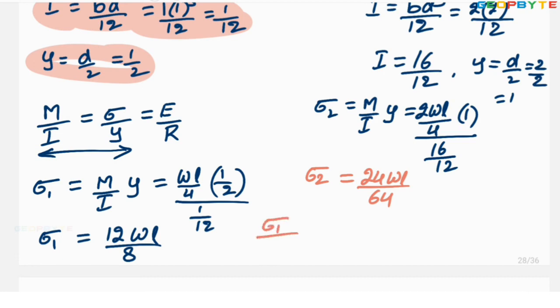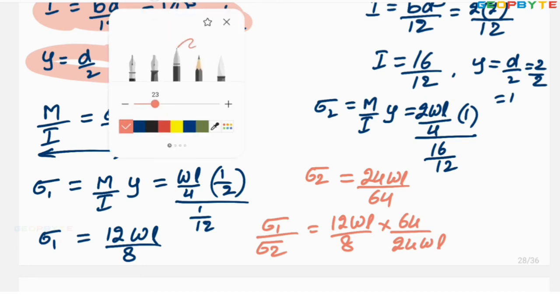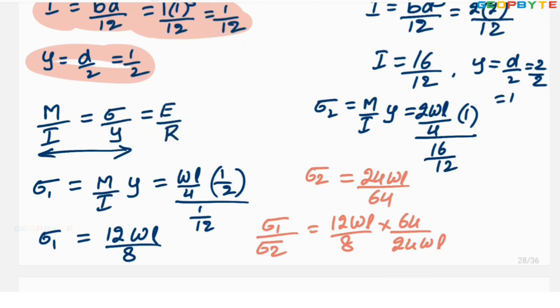Therefore sigma 1 by sigma 2 equal to 12 WL by 8 into 64 by 24 WL. Okay, this WL cancelled. 12 twos are 24, 8 twos are 16, 16 fours are 64.